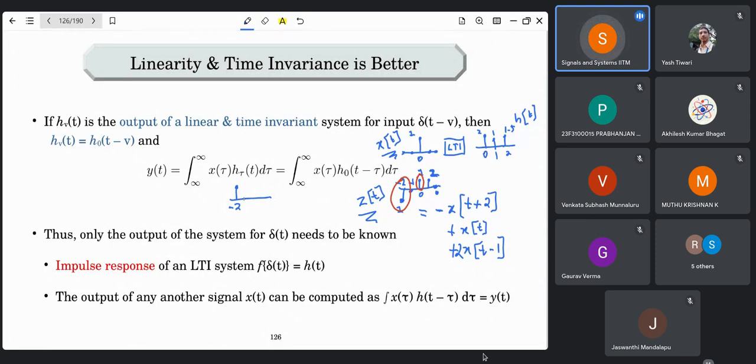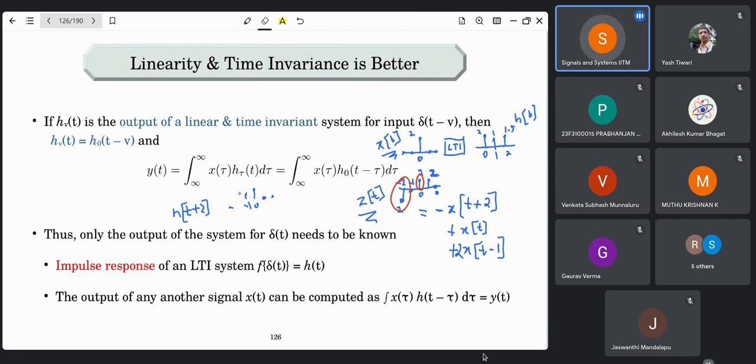Whatever was at 1, you move that to -1. Whatever at 2, you move that to 0, and 0 everywhere else. So this is the output for x of t plus 2. Now, of course, you have to scale that by -1.